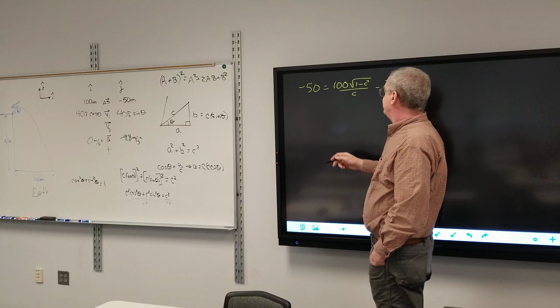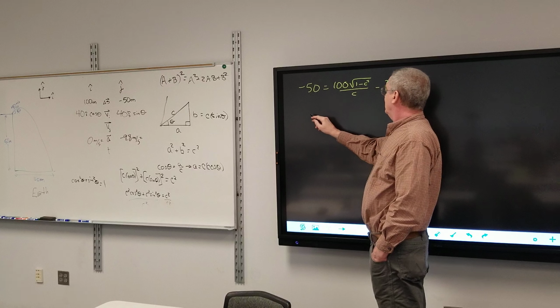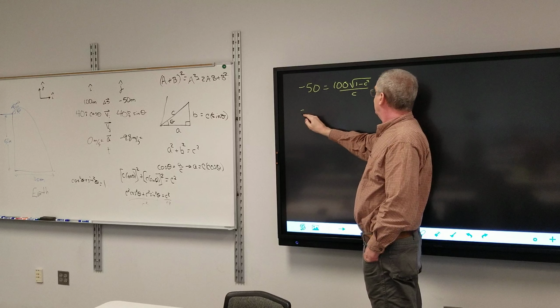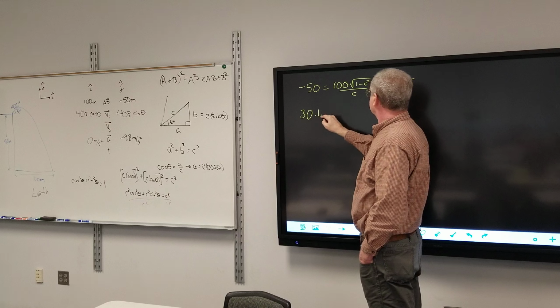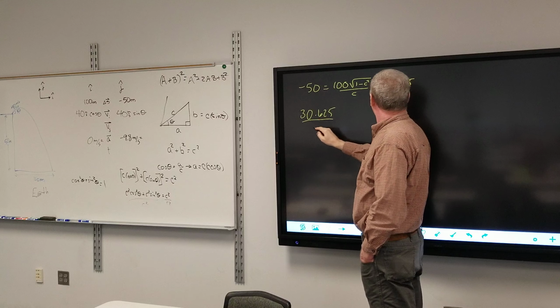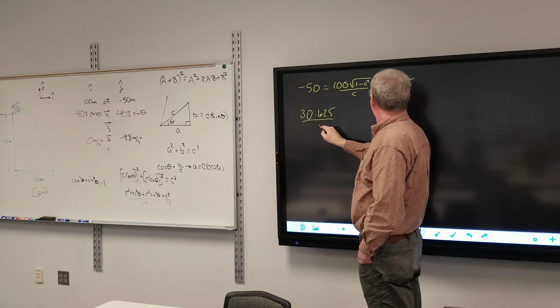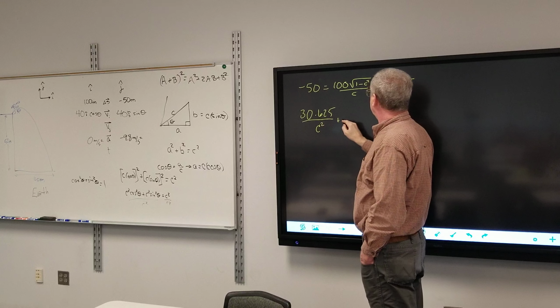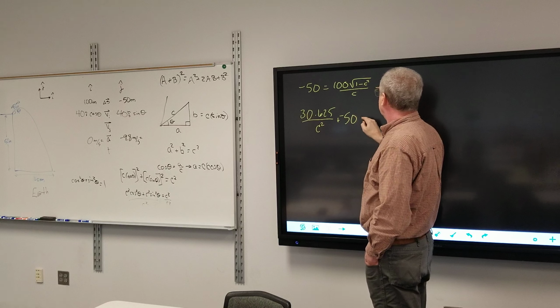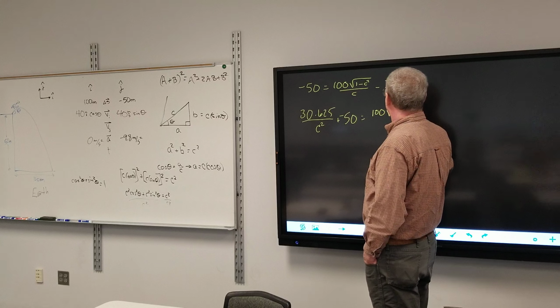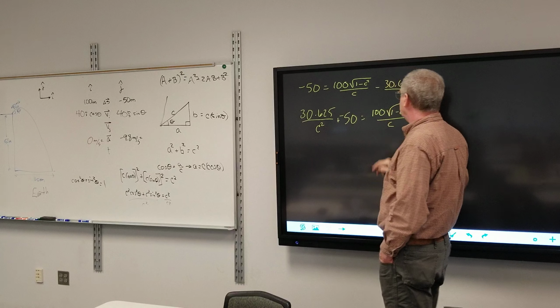Can we add 0.30625 over c squared to the other side and then multiply it by c over 100 to get that alone? Yep. Let's see, that over c squared minus 50 equal to 100 square root of 1 minus c squared over c.